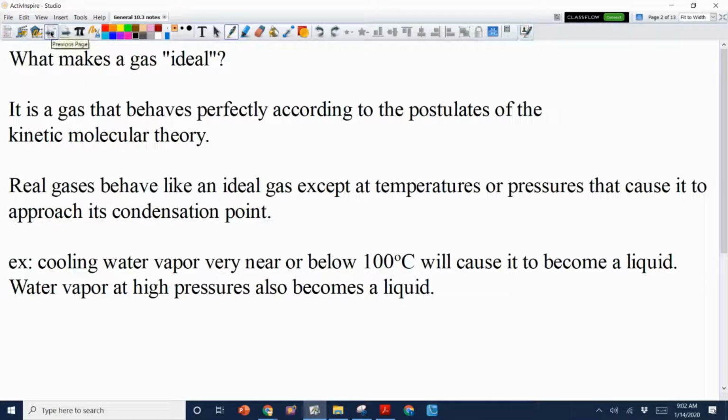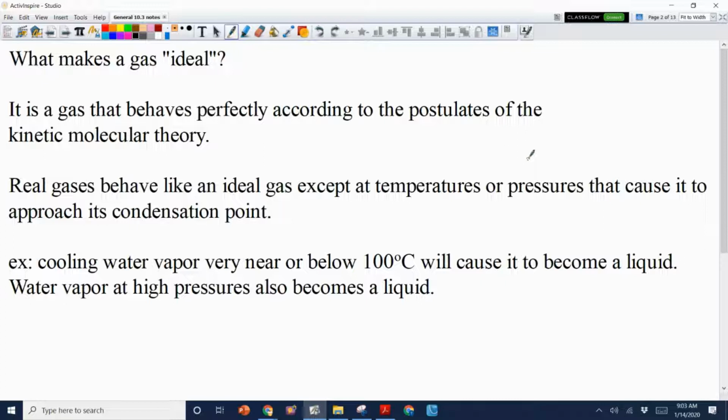So this section is talking about an ideal gas, and this is the ideal gas law. An ideal gas behaves perfectly according to the postulates of the kinetic molecular theory that we talked about in 5.1. So what is the difference between an ideal gas and just a regular gas that we talked about in 5.2? Well, all gases are going to act in an ideal fashion unless they get really, really close to the phase change temperature, which would be either a very low temperature or a very high pressure.